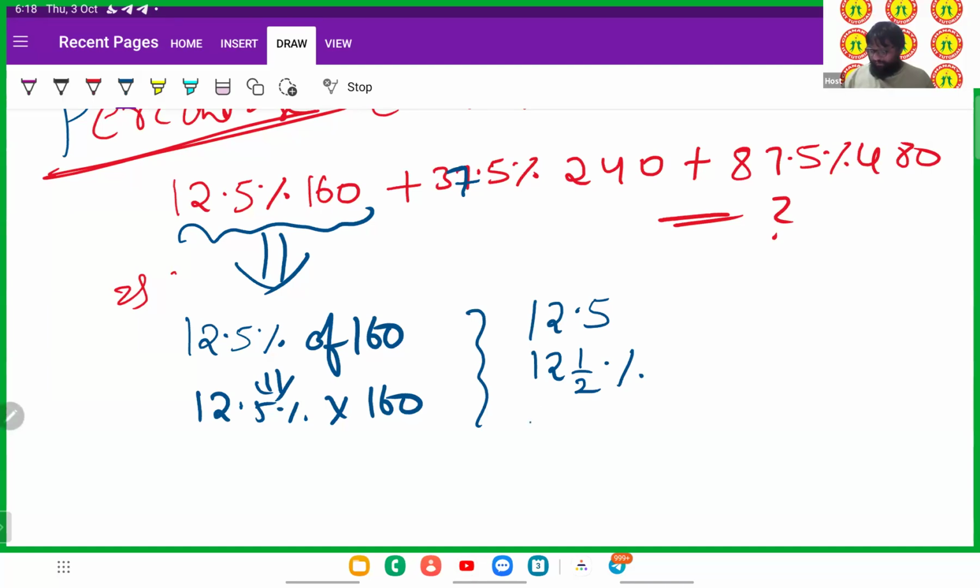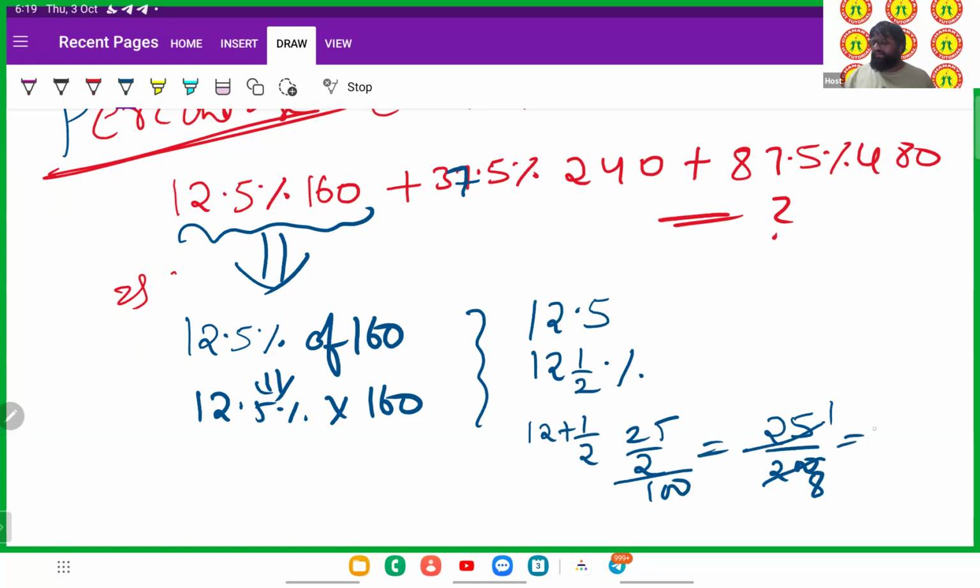Then 12 plus 1 by 2, so that will be 25 by 2 by 100. That will be equal to 25 by 200. 25 ones are 25, 25 eighths are 200, so 1 by 8. So 12.5% is equal to 1 by 8.